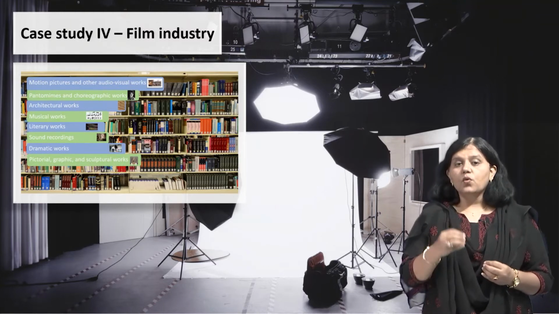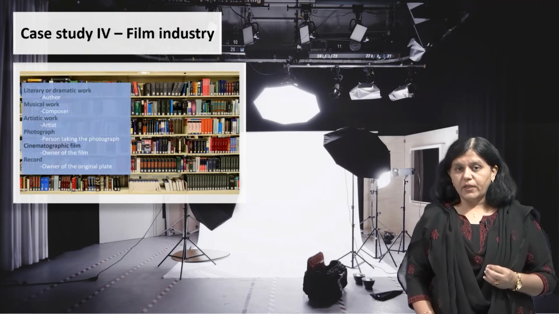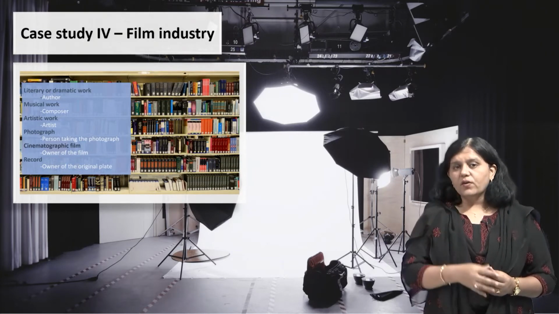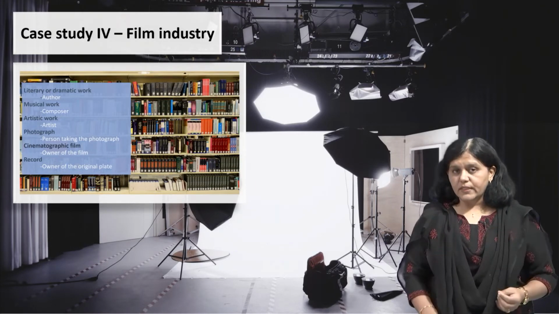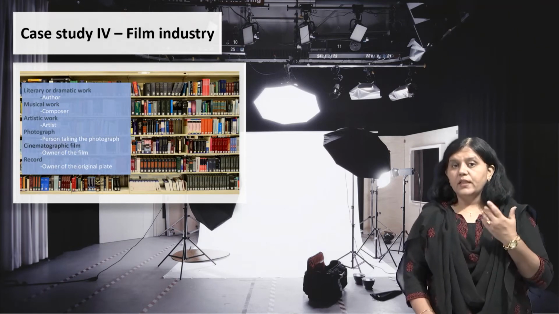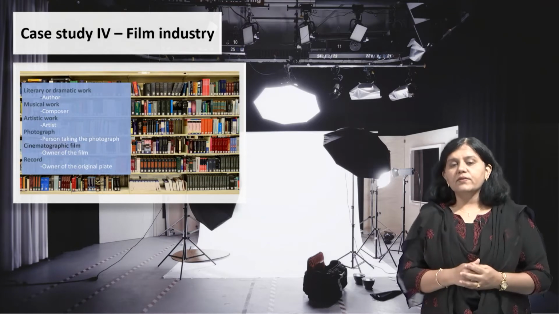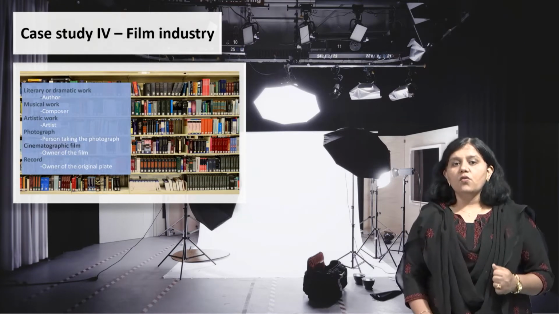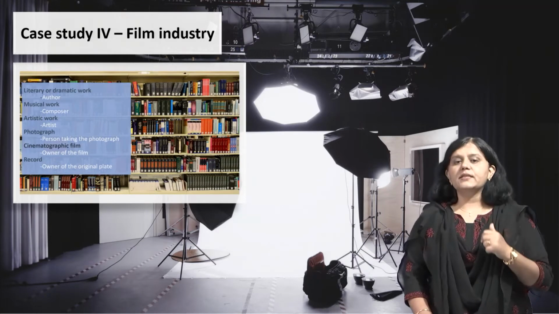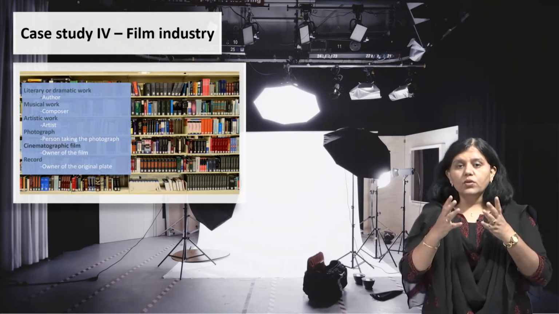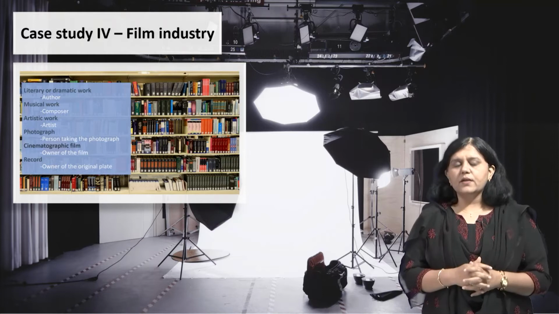And then we have also seen, if this is the kind of copyright subject matter, who is the owner of that particular copyright. For literary or dramatic work, the author of the work is the owner; for musical work, the composer of the music; for artistic work, the artist is the owner; for a photograph, the person taking the photograph; and for a cinematographic film, the owner of the film at the time of its completion.